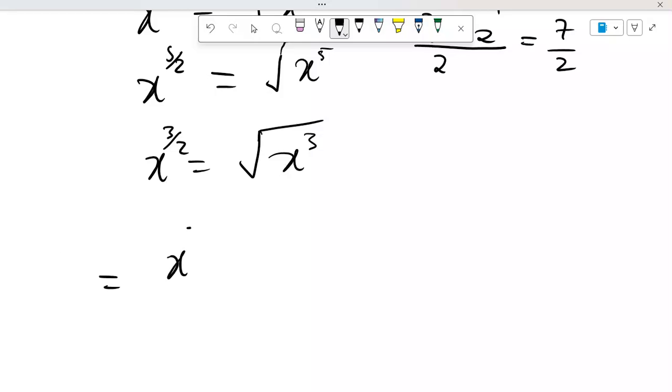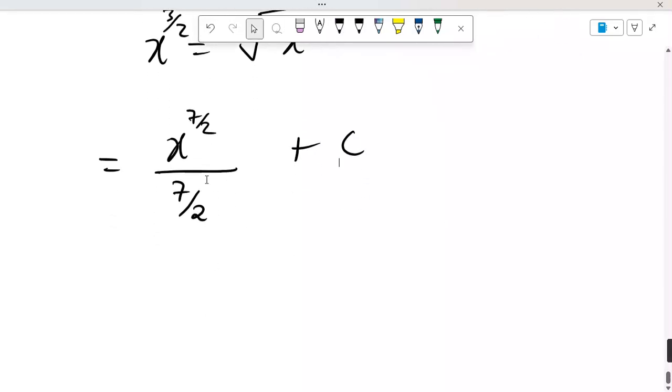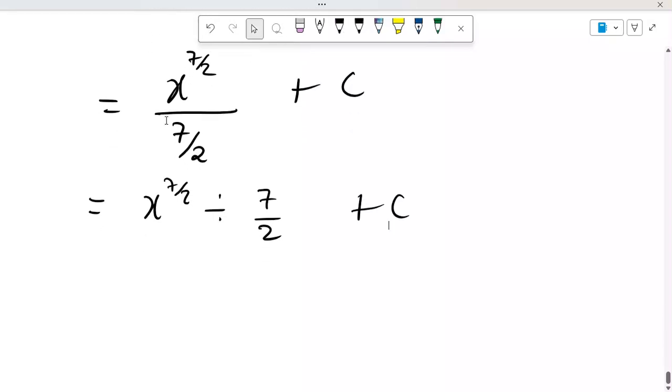So x to the power 7 over 2, over 7 over 2, plus c. Let's rewrite this in a fancy way like we did for the previous one: x to the power 7 over 2 divided by 7 over 2, plus c. Okay, so let's carry on. We do away with the division, so the numerator becomes the denominator, the denominator becomes the numerator.